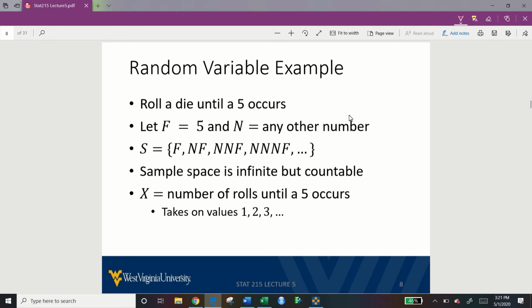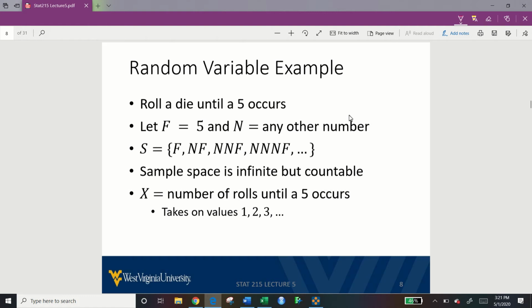Let's do another example. Let us say we roll a die until a 5 comes face up. So let F equal 5 and N be any other number. Our sample space in this case is going to be a bit different than the others, because we're going to have to keep rolling until that 5 occurs.